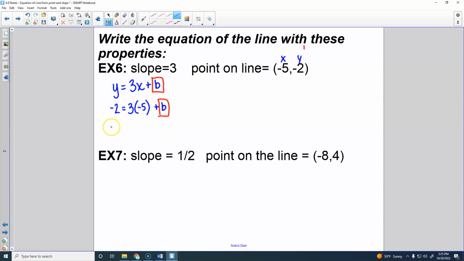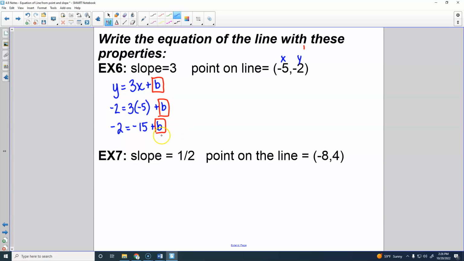So I'm going to get -2 equals -15 plus b. And that b right there is what I'm trying to get.